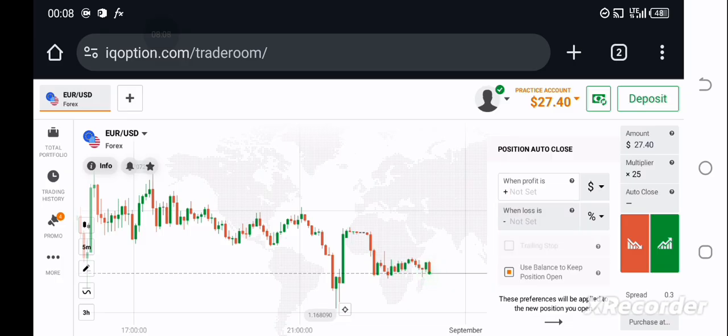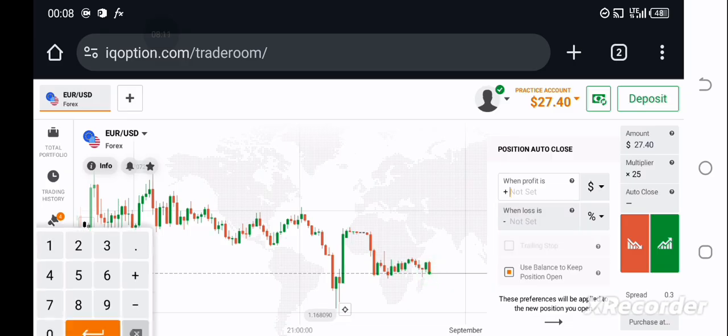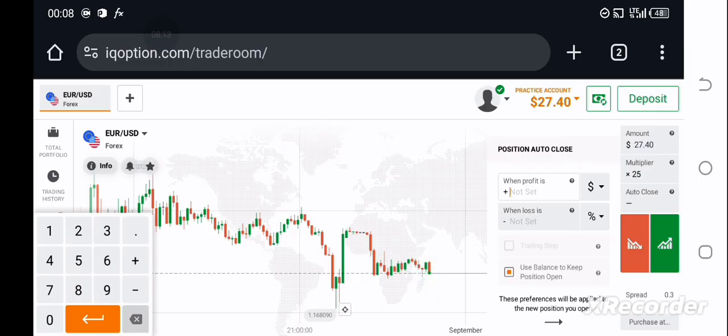If it is profit in money, you can say, I want my position to close when the profit has reached $500. Then for the stop loss, you can say, when I lose $10, I want the position to close.